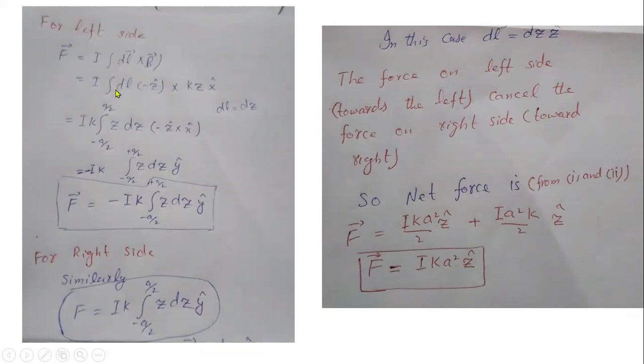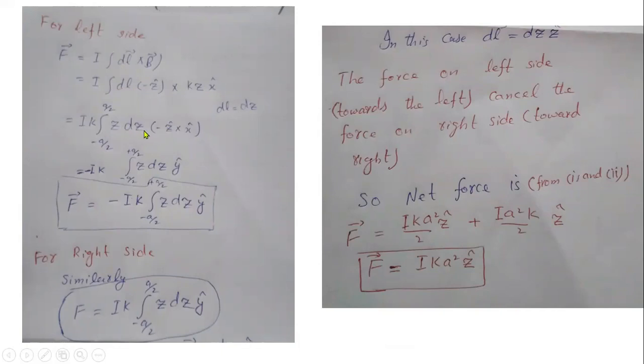So I integral dl minus z cap cross kz x cap, putting the value of b here, dl is equal to dl minus z cap, and dl is also along z direction, so dl is equal to dz here, and then we get this after arranging some terms.